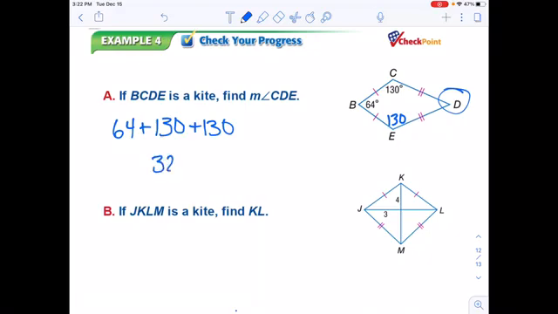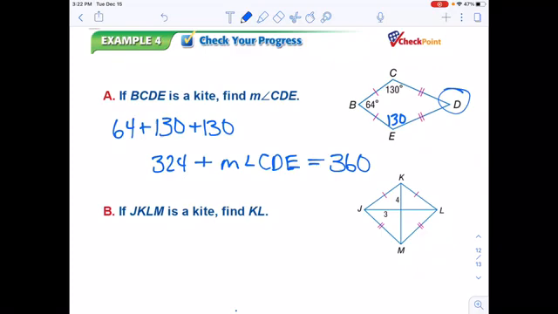So we get 300. Oh, sorry, don't subtract them from 180. That would be silly. Subtract them from 360. We are working with quadrilaterals, not triangles. My bad. Just comes out of my mouth so easy now. We do it a lot, don't we? So the measure of angle CDE is equal to 36 degrees.